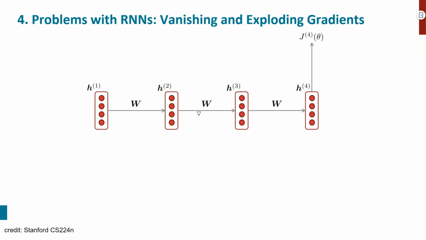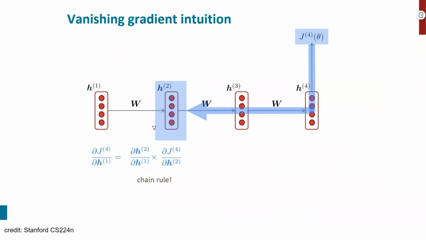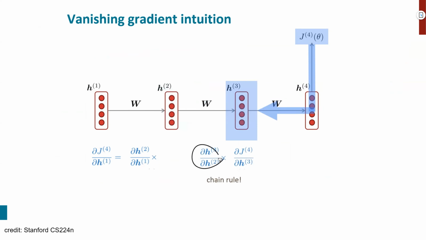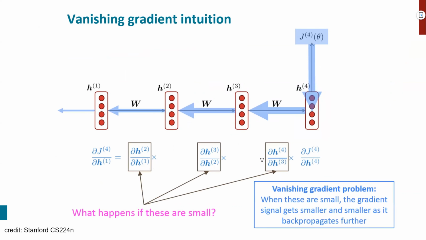And let's think about vanishing and exploding gradients once again. To calculate the derivative of loss with respect to H1, we need to think about this loss as well, with this vector, and this vector, and this vector. And as I told you, if these values are small, then vanishing gradients happens.